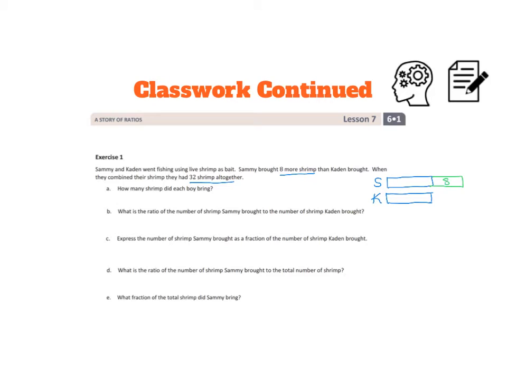So this is 8 more in addition. And when they combined their shrimp, they have a total, all of this together equals 32 shrimp in all.